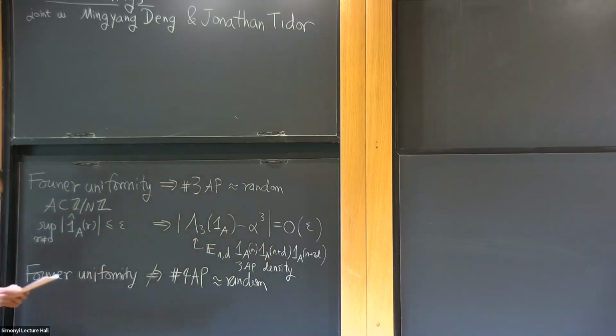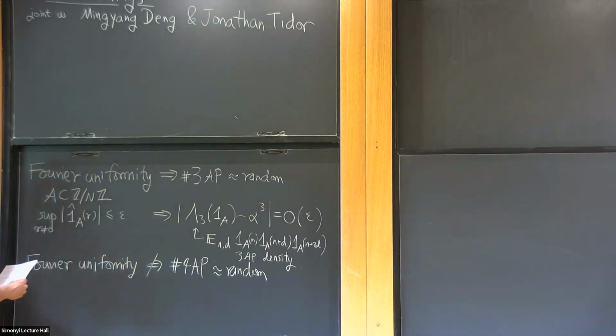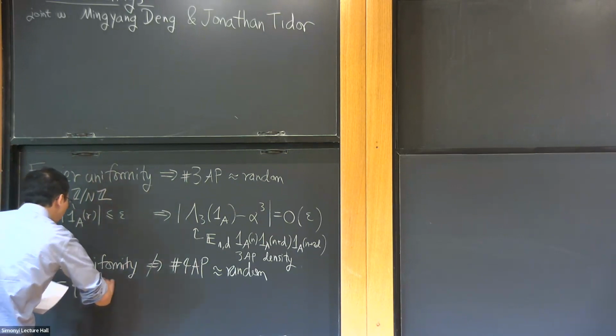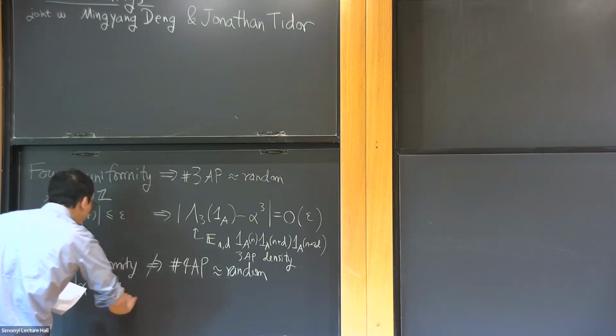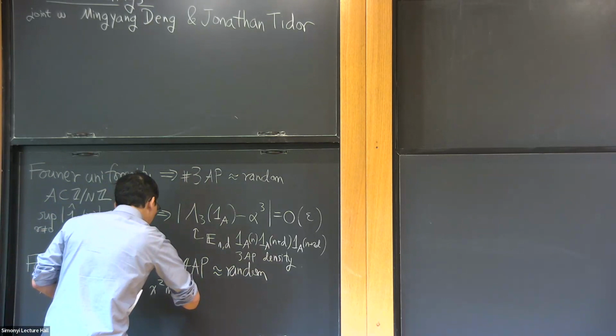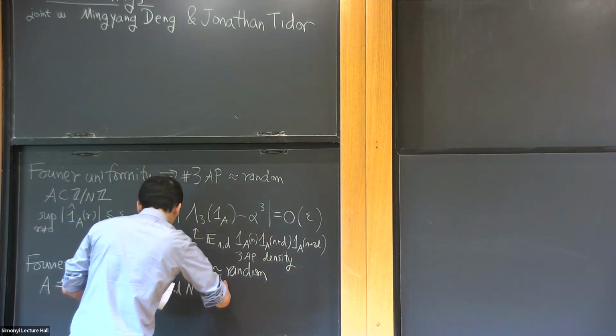There's a standard counterexample that is usually given. The example is taking the set of all elements x whose square mod n lies in some interval.